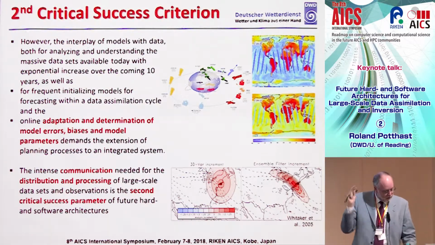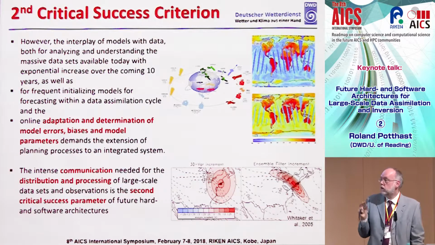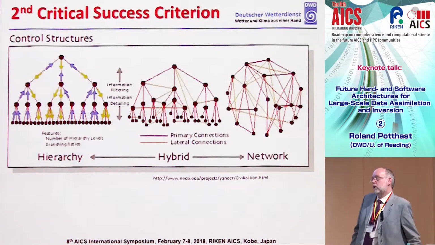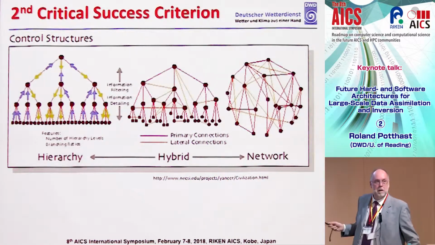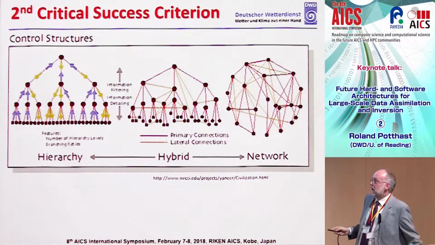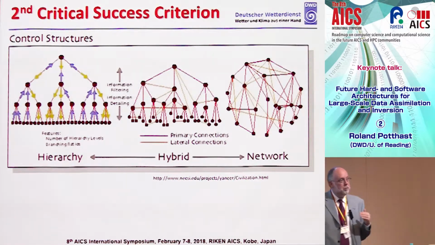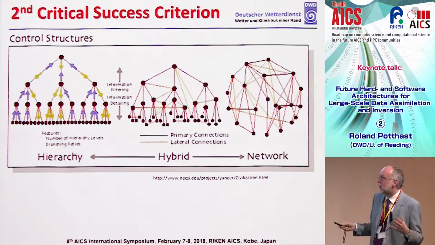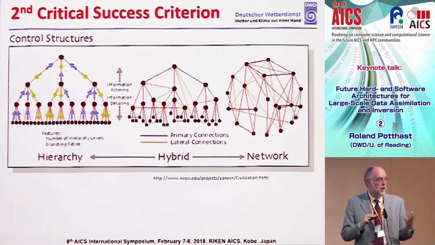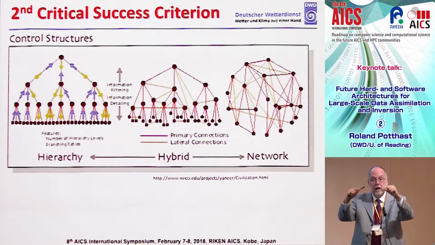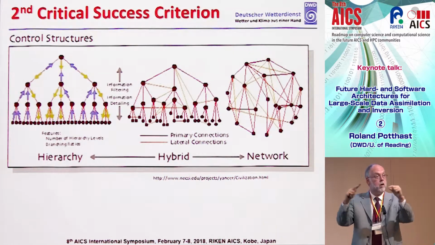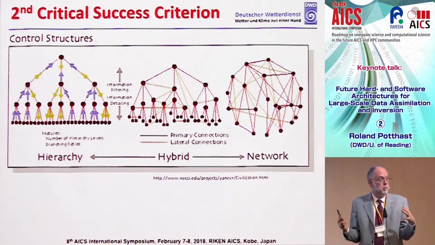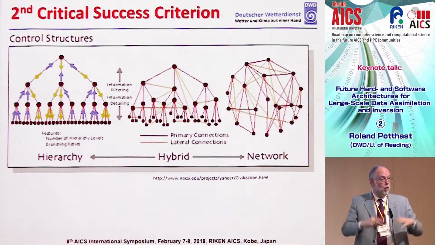But so here the communication issue is crucial. And I just thought, I mean, you all know these type of pictures, of course. And the question is, how do I communicate in my system? And on what hierarchical level do I need the communication? And as I told you, for data assimilation, you need the correlations in your system. So you need the communication. But you don't need global or local.